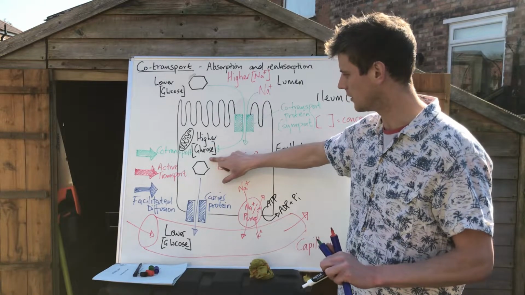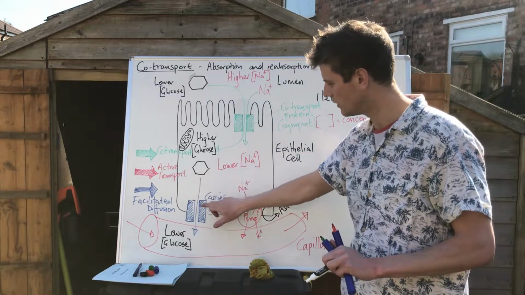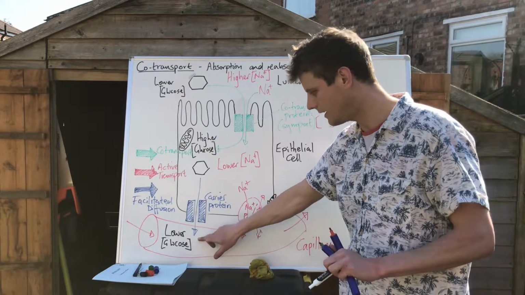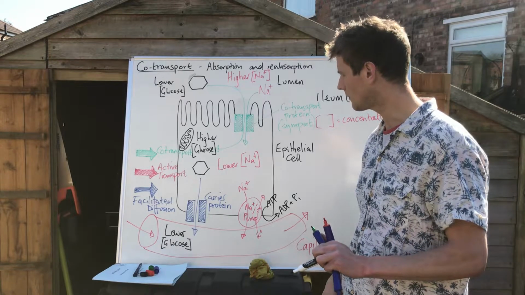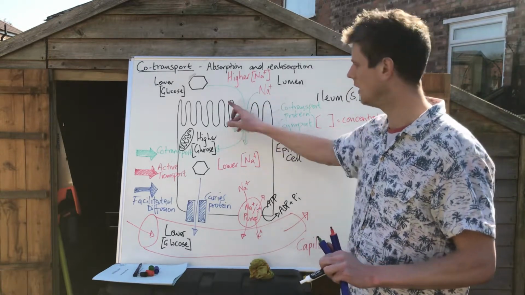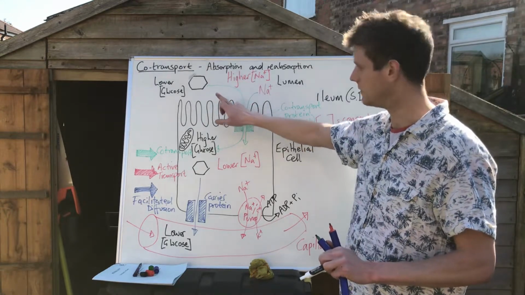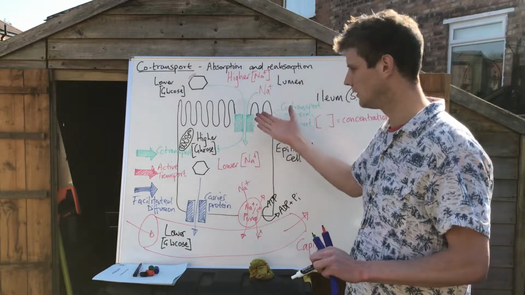High concentration of glucose now in the epithelial cell, lower in the capillary, so the glucose moves out of the epithelial cell into the capillary by facilitated diffusion. As I said right at the start, the principle of co-transport is exactly the same for glucose, or it could be the same for an amino acid.